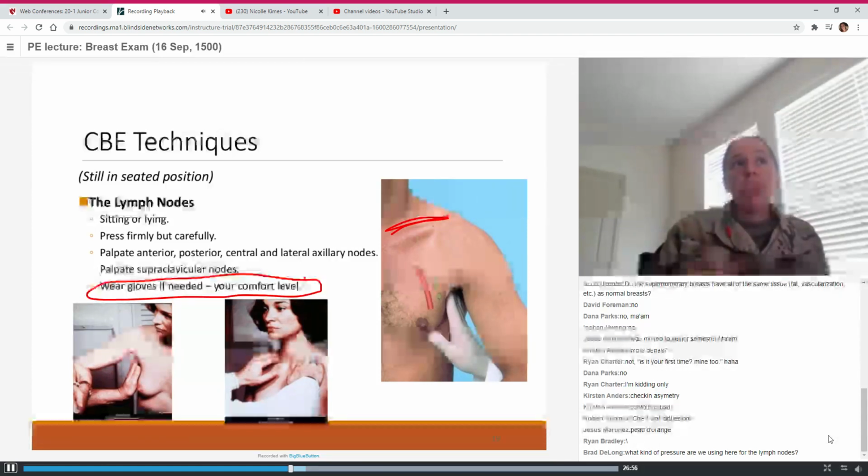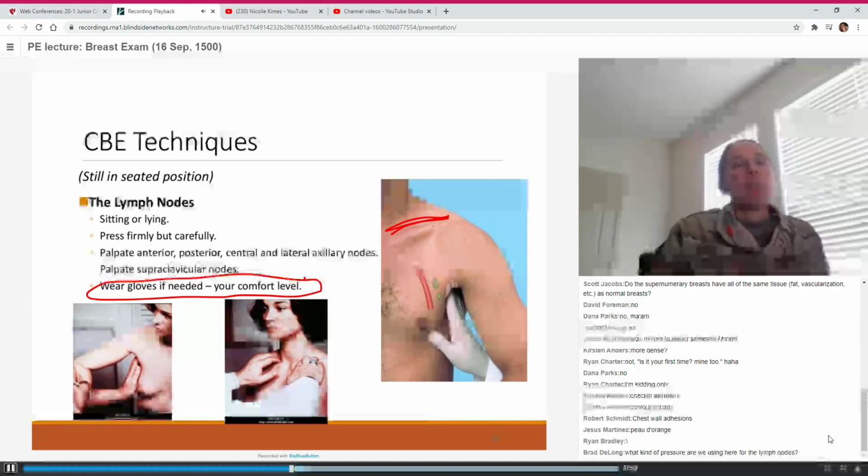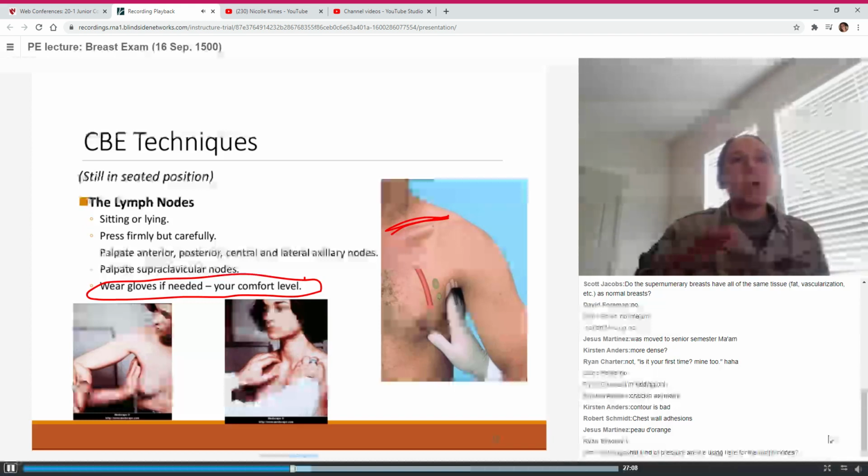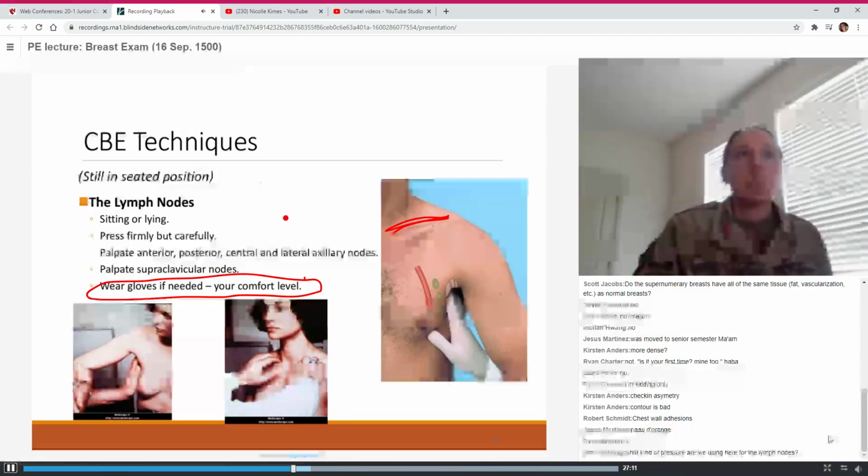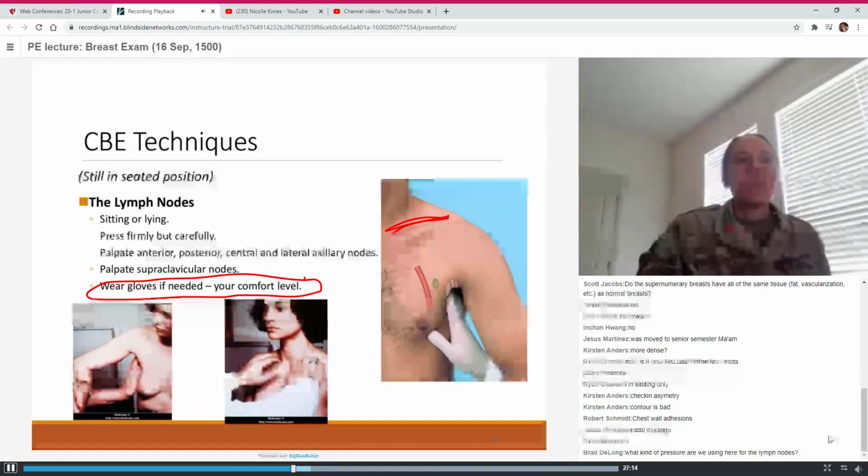So you've got to go pretty deep to find them. So you have to be a little bit intentional with what you're doing. And instead of feeling with 3 levels of pressure, in a pressing and a rubbing motion, you are just going in for the lymph node itself pretty directly. Wear gloves. Wear gloves. Please wear gloves.